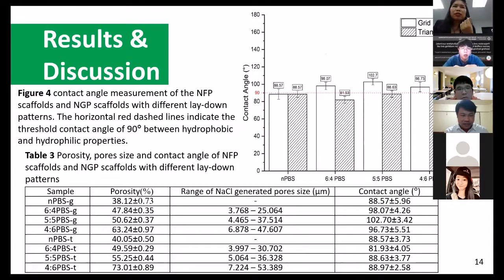So we think that when the void space is bigger, the gravity force affecting the water droplet has more influence, and this makes the contact angle value lower, or more hydrophilic.